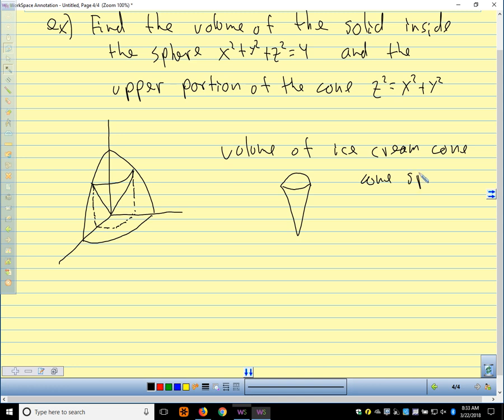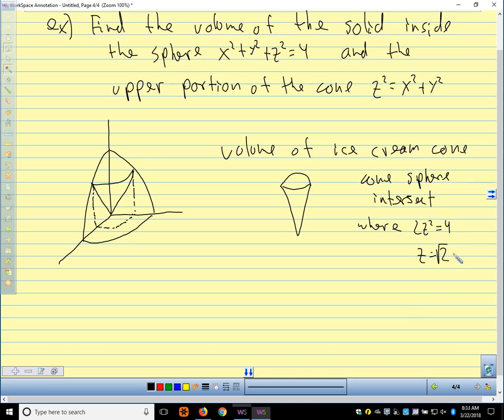The cone and the sphere intersect where I can set these two, or z squared is x squared plus y squared. So I'm going to substitute this in for x squared plus y squared. 2z squared equals 4, and that means z equals square root of 2, right?